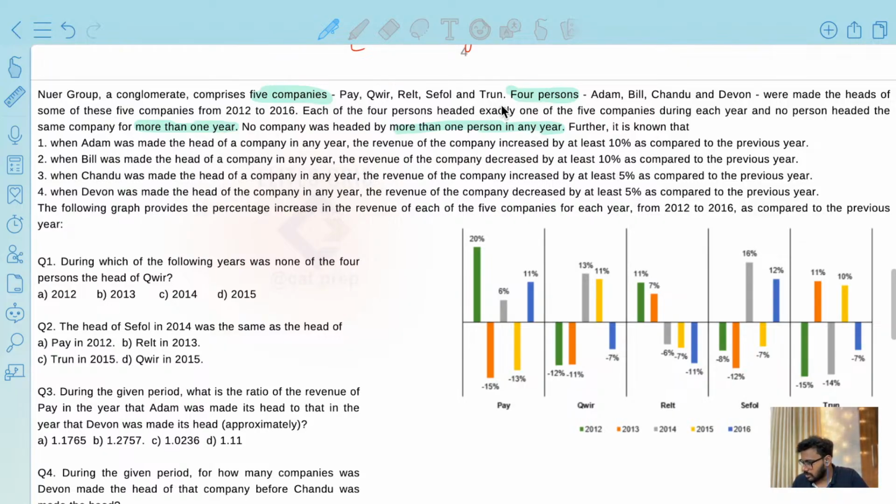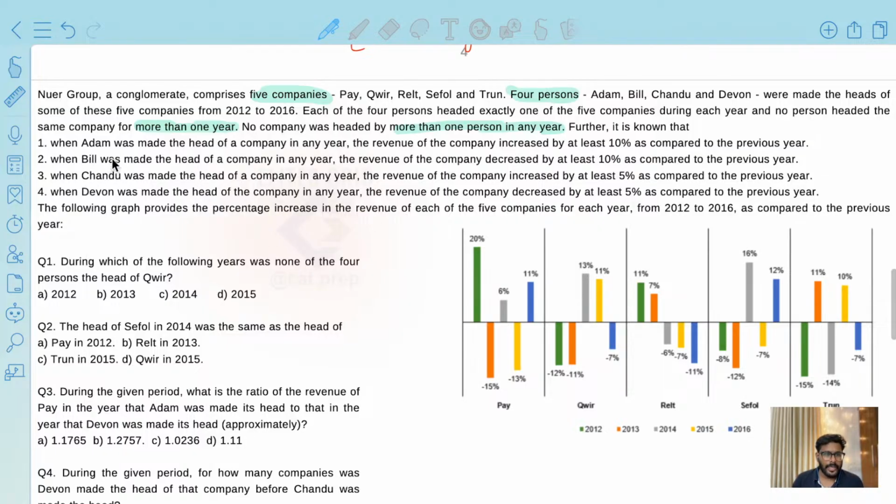Each of the four persons headed exactly one of the five companies during each year, and no person headed the same company for more than one.